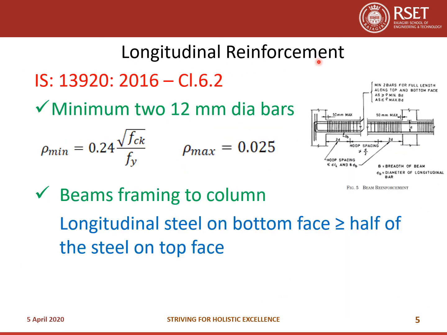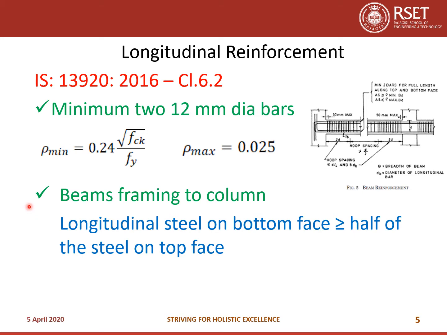Regarding the longitudinal reinforcement to be provided for the beam, at least two numbers of 12 mm dia bars should be given at the top face and bottom face. Rho minimum, which is the minimum longitudinal steel ratio, is equal to 0.24 root fck divided by fy, and rho maximum is equal to 0.025.